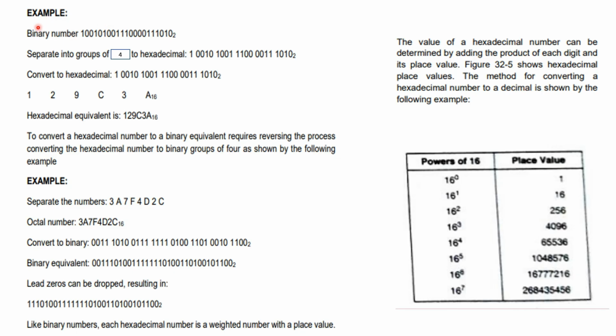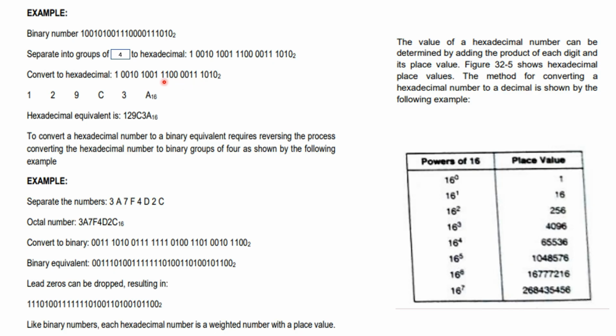Okay, so for example, this is the binary number, and let us convert this to hexadecimal. The first thing that you will do is separate this into groups of 4. So 1, 2, 3, 4, until you're done. Then that's the time that you're going to convert it to hexadecimal. For example, this one is 1010, because the equivalent of this in decimal is 10, and 10 in hexadecimal is A. Then this one, the equivalent is 3.